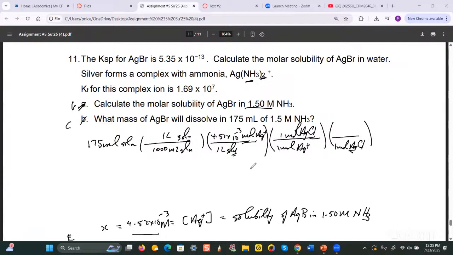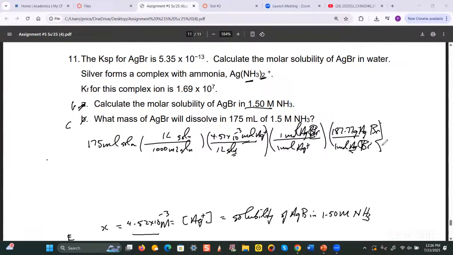I think I have it here as 187.77 grams of silver bromide. And that's the setup. I keep saying chloride. Silver bromide. Let me make that clear here.